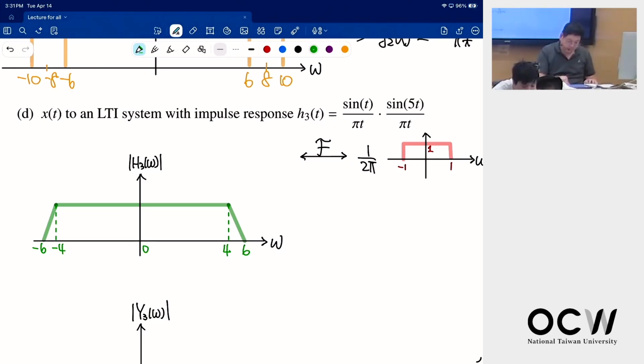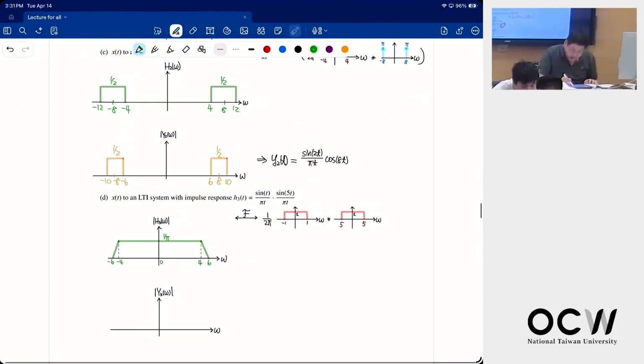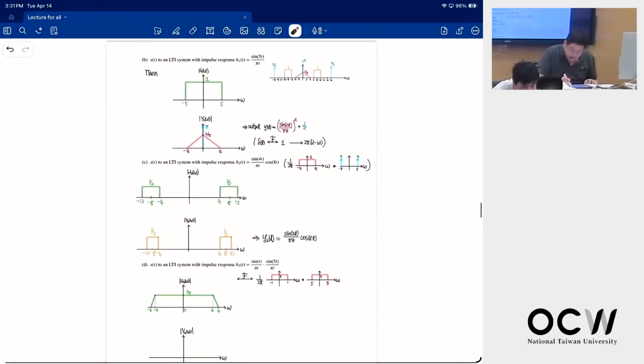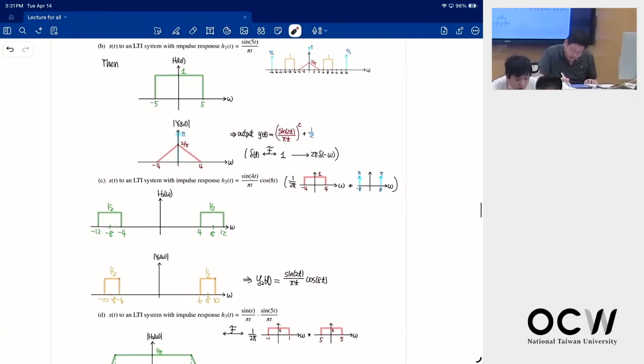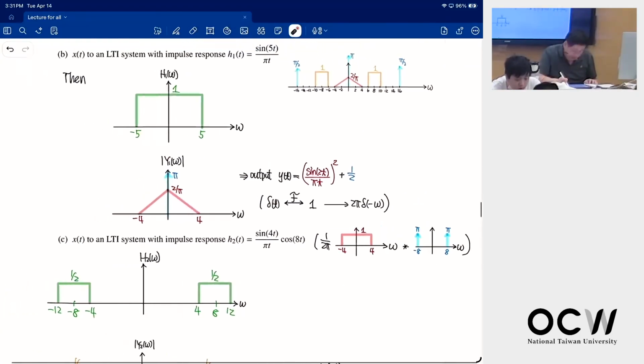The height is 1 over pi. So from -6 to 6, here from -6 to 6, and let's see the magnitude. It should be here, here to here. So I still preserve everything.